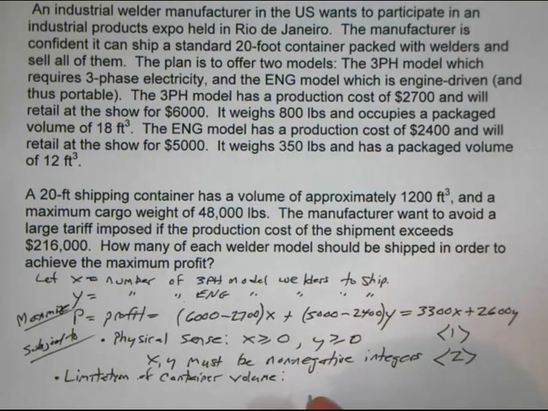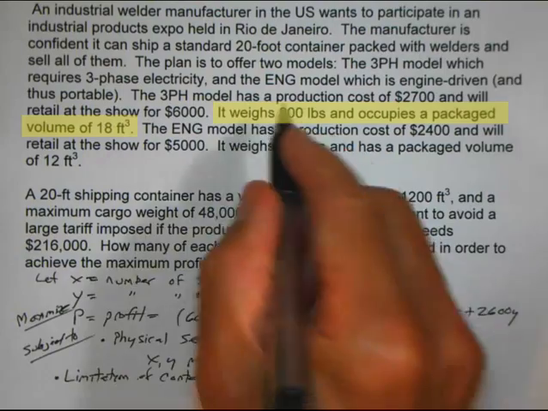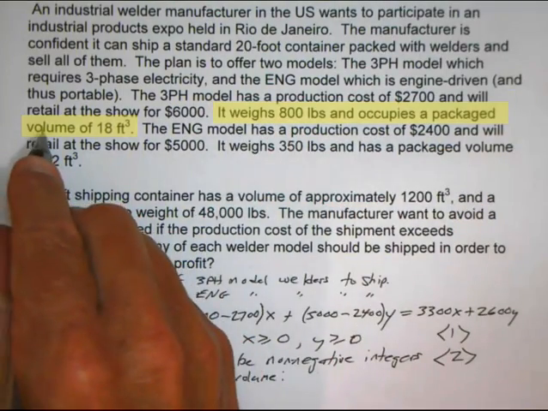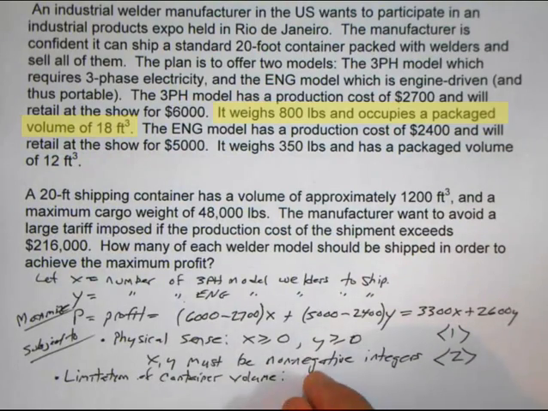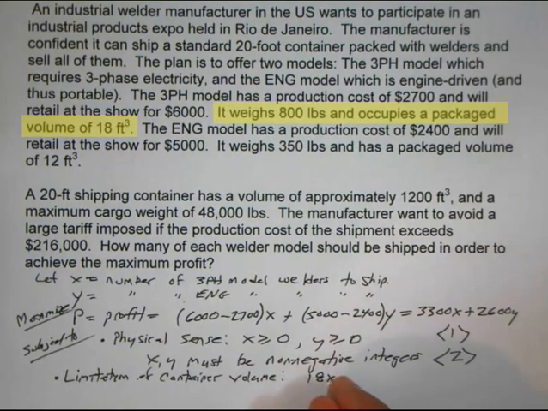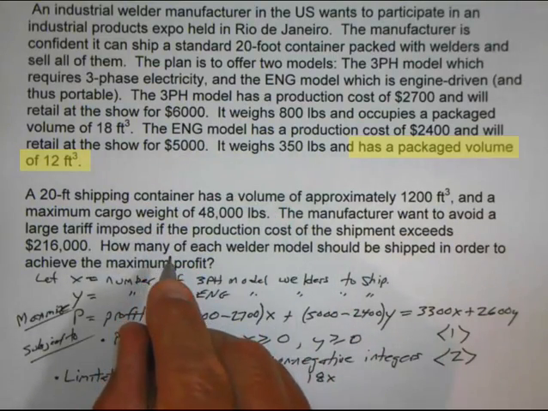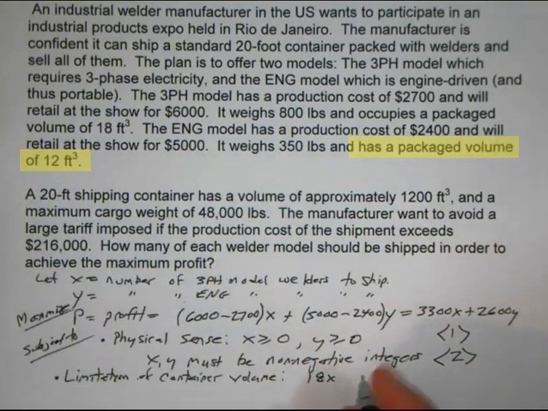Okay, let's see. If we look over the specs for the 3pH welder, it says it occupies a packaged volume of 18 cubic feet. That's for one of them. So if we had x of them, we've got 18x volume consumed by 3pH welders. Similarly, the ENG model says it has a packaged volume of 12 cubic feet for one.